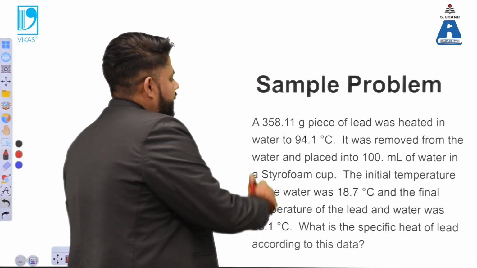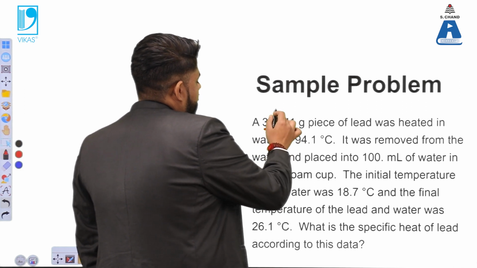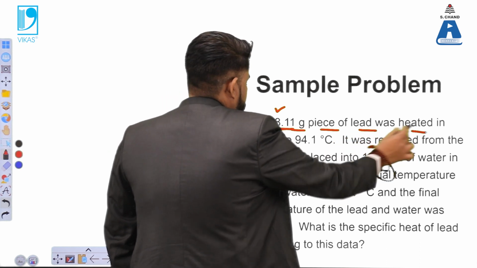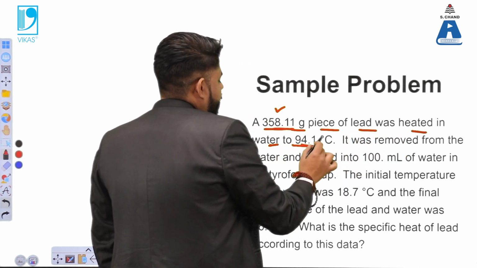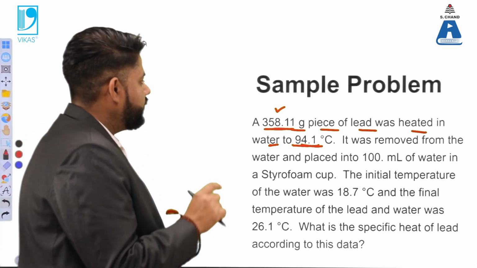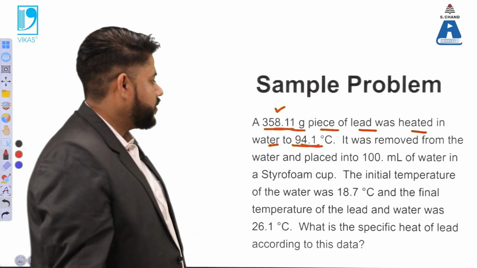You can see that the numerical problem says that a 358.11 gram piece of lead was heated in water to 94.1 degrees Celsius. That means there is a change in temperature of lead by putting it into water.